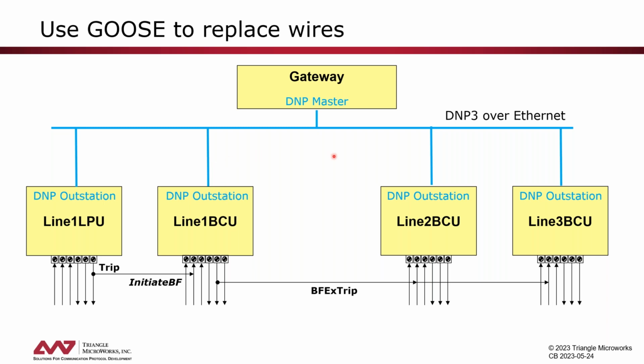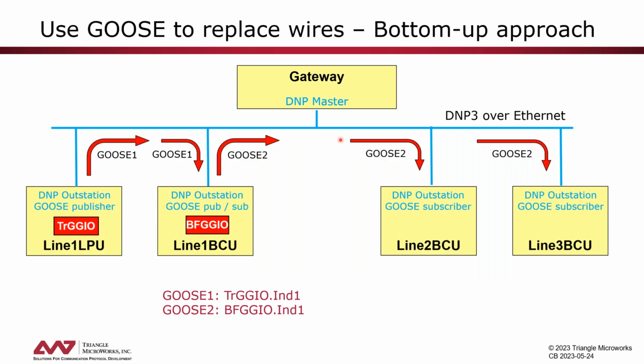We just can use the Ethernet network that we already apply for our DNP3 communication. So what you will see then is GOOSE messages coming from these devices sent over the wire with the binary information that represents this trip and external operate signal.